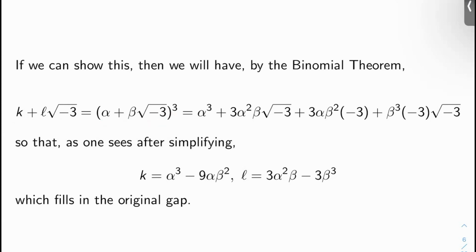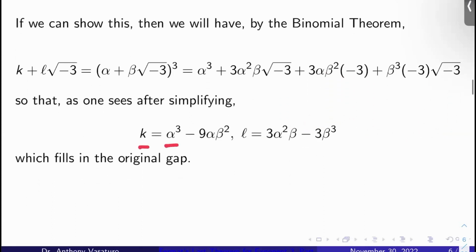Just use the binomial theorem, and you get that that's equal to alpha cubed plus 3 alpha squared beta times root negative 3, plus 3 alpha beta squared times negative 3, plus beta cubed times negative 3 times root negative 3. And after you simplify this and match up coefficients, you see immediately that k is alpha cubed minus 9 alpha beta squared, and l equals 3 alpha squared beta minus 3 beta cubed, which proves Euler's Gap as originally stated on slide 2.